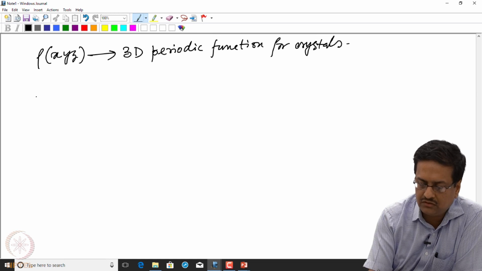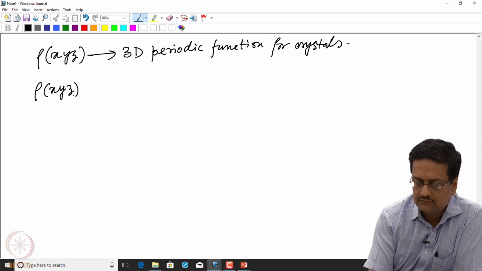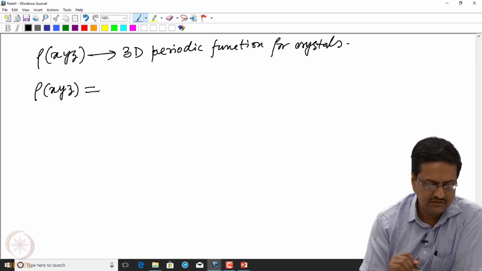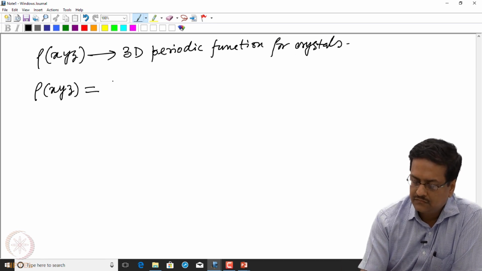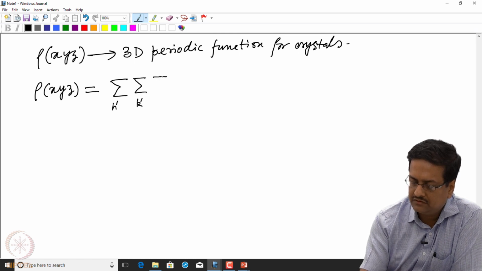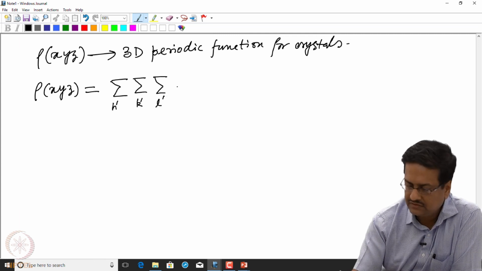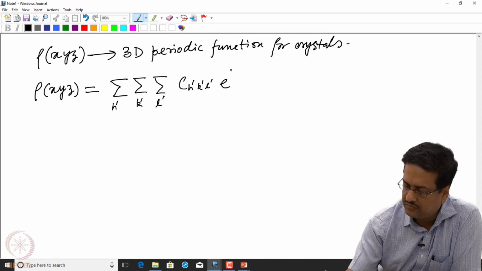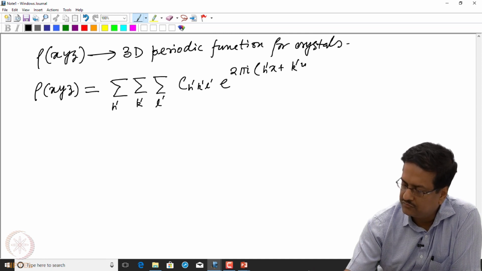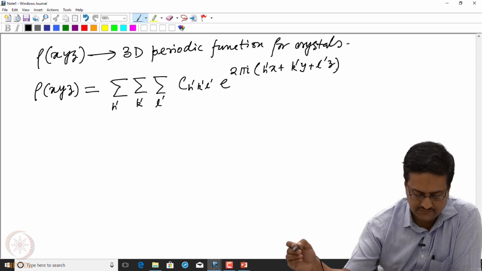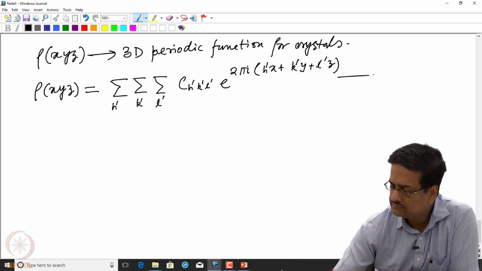So the overall rho(xyz) can be represented as a sum of this Fourier series in 3 dimensions, with sum over h prime, k prime, l prime of c h prime k prime l prime e to the power 2 pi i (h prime x plus k prime y plus l prime z). So this is the expression number 5.